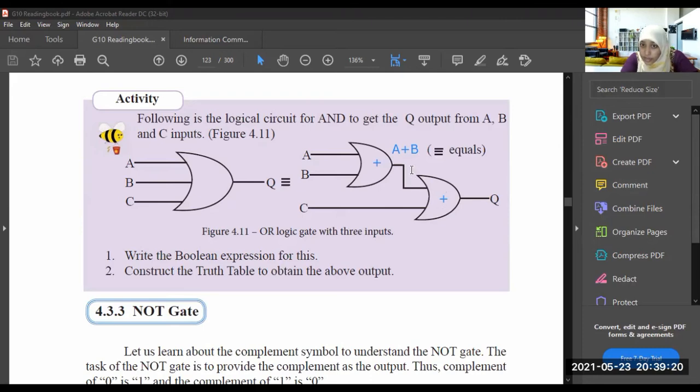From this gate, this expression A or B and C is coming out. So here A or B is going inside this, right? So it is A or B. This gate is plus, no? So A or B, OR C.